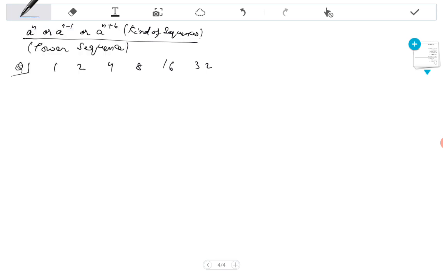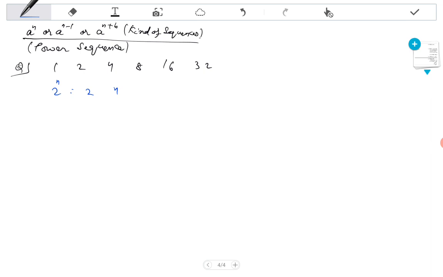You can easily identify that these are the numbers that are increasing with powers of 2. Every number is like twice of the other. Okay. So if I try 2 to the power n, then my answers are coming like 2 to the power 1 is 2, 2 to the power 2 is 4. So it's not matching with it.